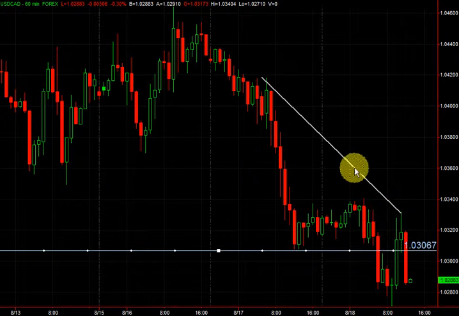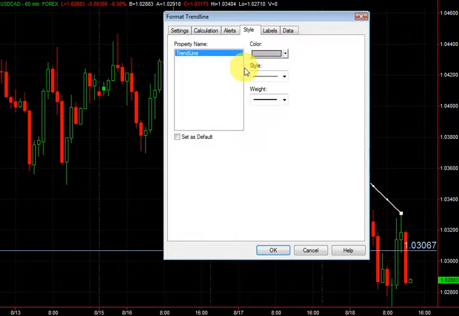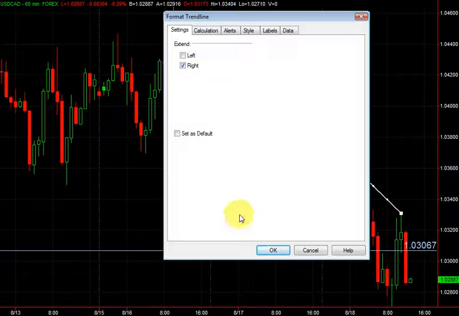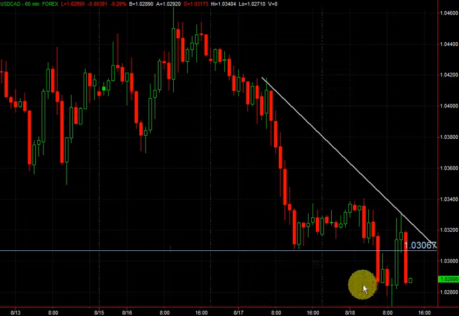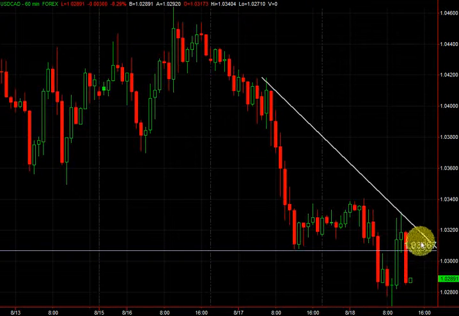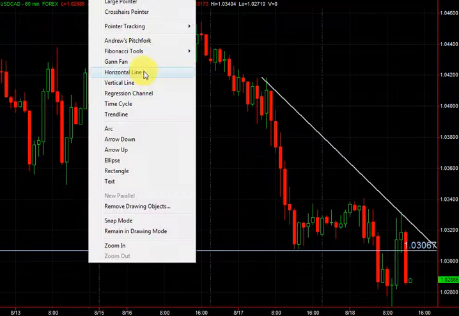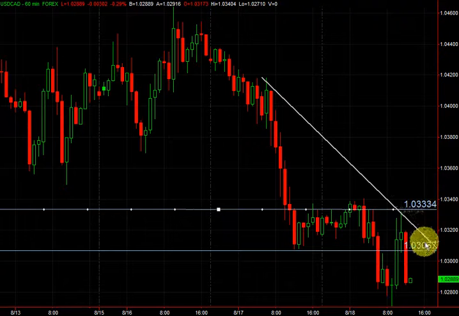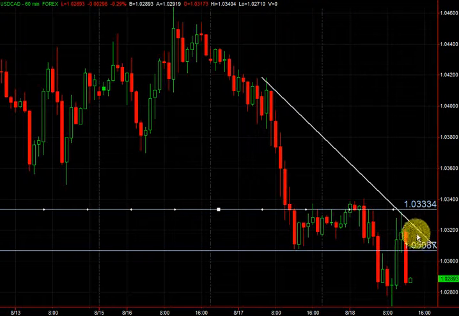The way to trade this particular evening star would be to extend this trend line into the future, and you expect the market to turn around and try and test this trend line again, but not go over the evening star formation. So the market should not go over 1.0333, but it can come around and test the downward sloping trend line.